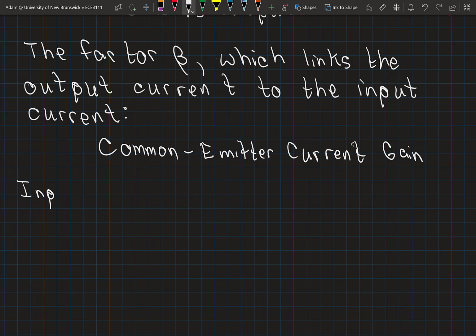So let's look at the input and output BJT characteristics.